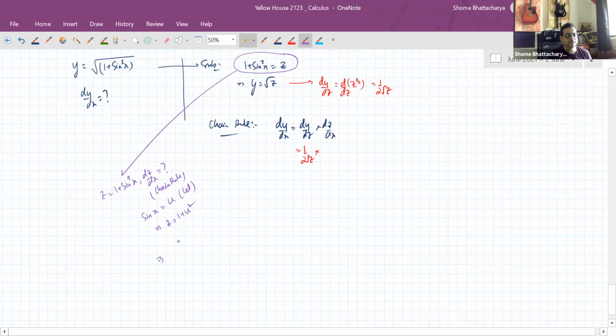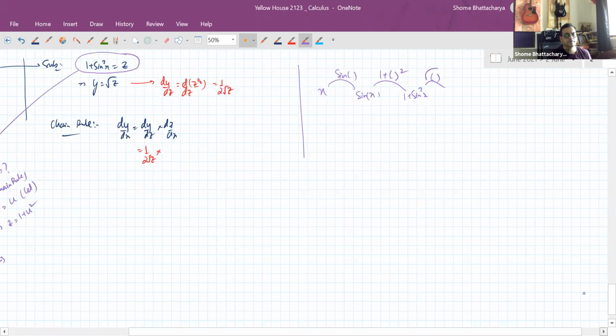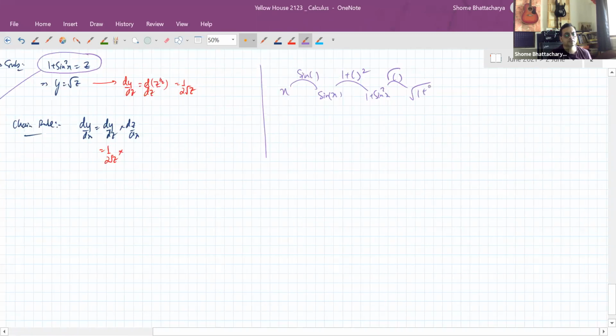So it's like an embedded composite function, one composite function inside another. Because from x, we first operated the sine function, so we got sine x. Then on that, we operated the 1 plus square quadratic function, so we got 1 plus sine square x. And then on that, I've operated the square root function, so I've got square root of 1 plus sine square x. So there will be two dummy variables involved like this.